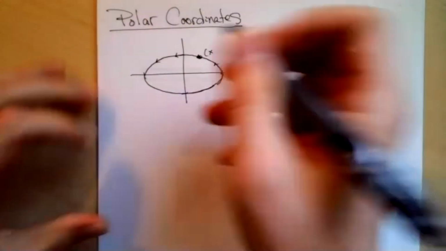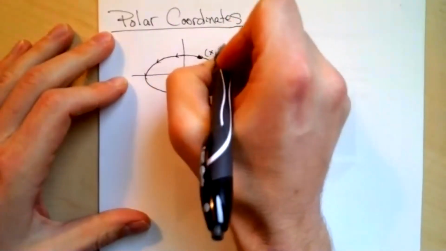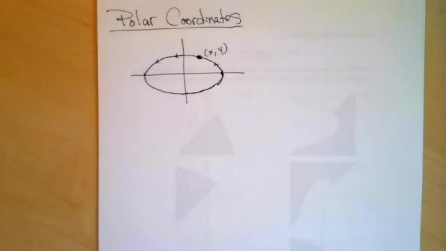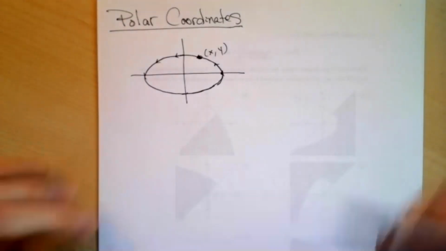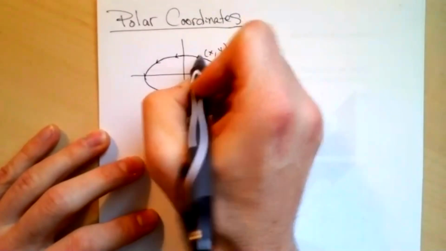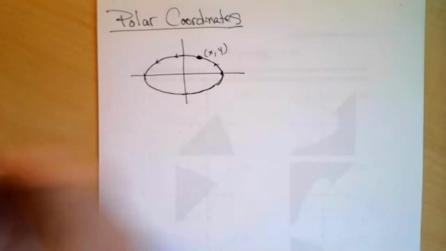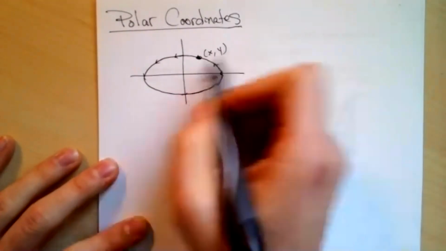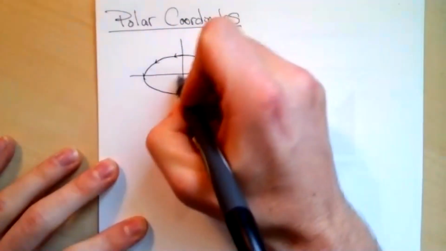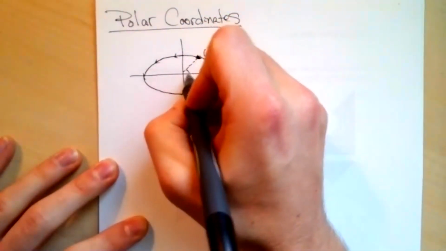So let's jump into polar coordinates. We have x, y, normal Cartesian system. Now, we've shown that on a specific curve, we can model those by parameters of time. And we've also seen maybe we want to model it by a parameter of theta.